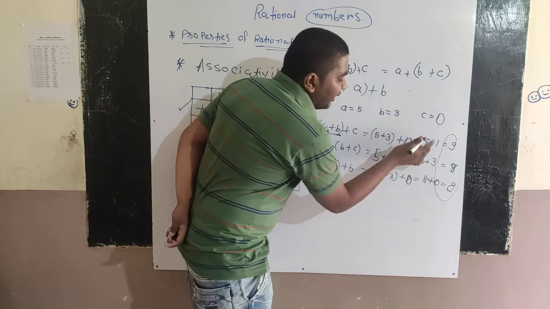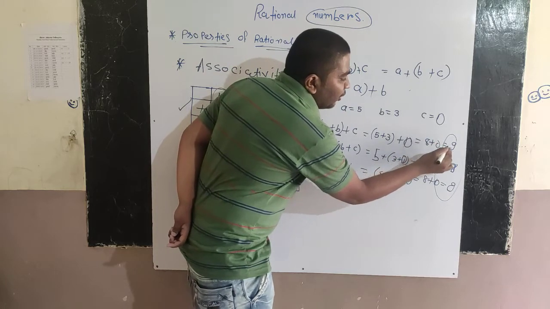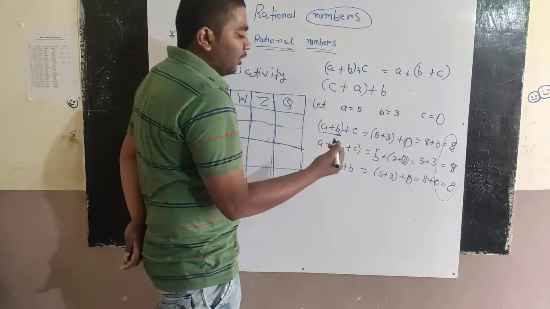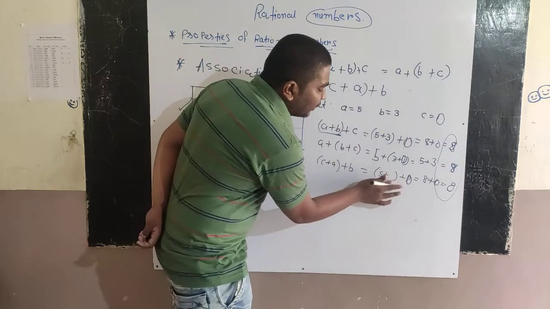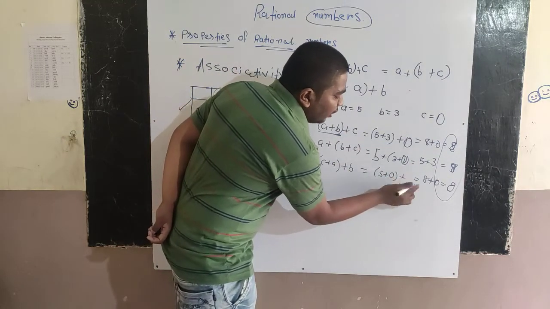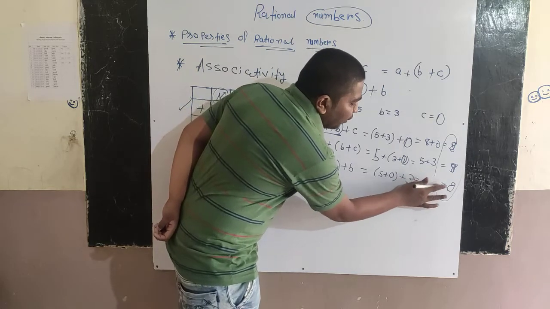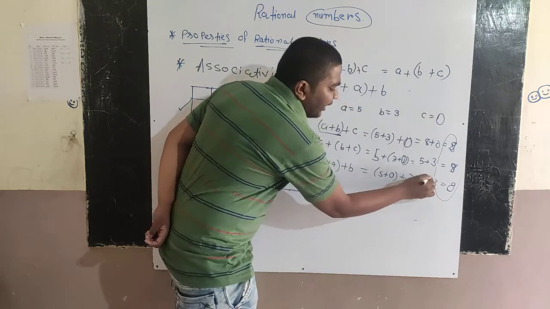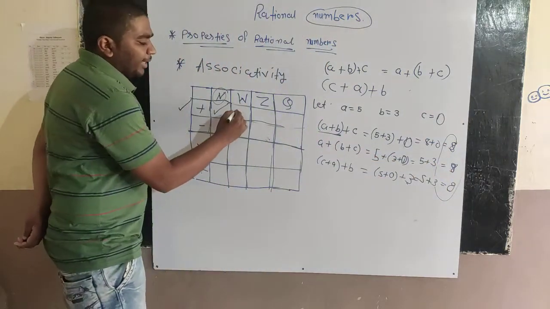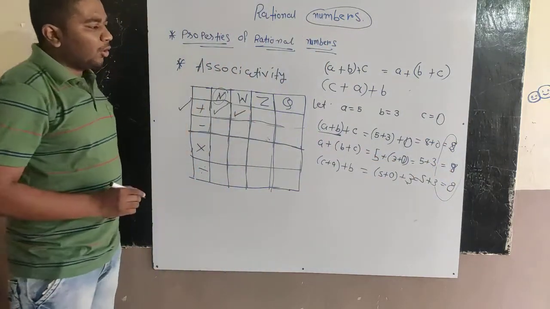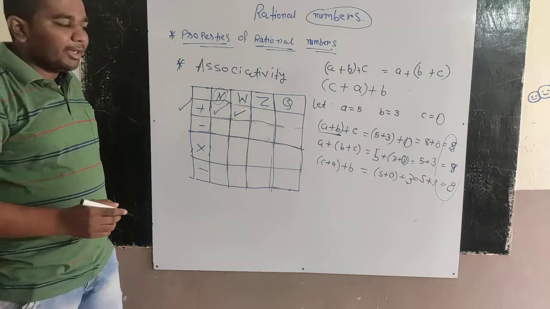So 8, and here also 8 plus 0, your answer would be 8. And here 5 plus 0 plus 3, so 5 plus 3, your answer would be 8. So in every case our answer is again the same. So I can say whole numbers are also associative under addition.